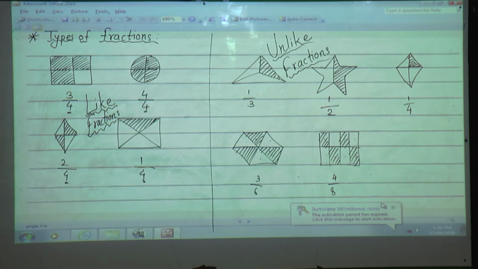But students, here I would like to tell you about the case where the numerator is the same and the denominator is different. So what are they? For example, I will draw two more shapes here.